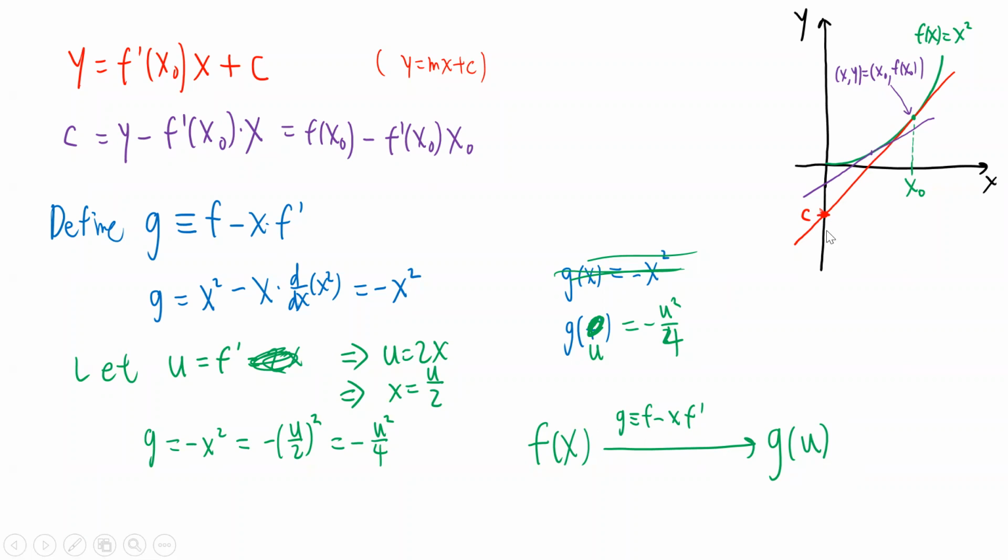So with this whole bunch of tangent lines, if you draw a curve that is touching all these tangent lines, then that must be the original function that we are talking about. So g, again, is an alternative representation of the same function f. We don't lose any information going from f to g.